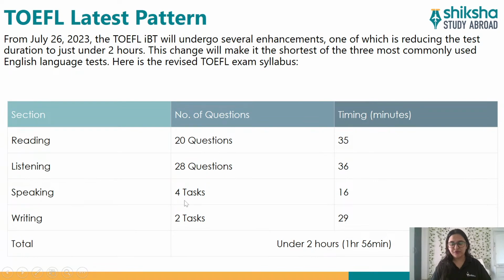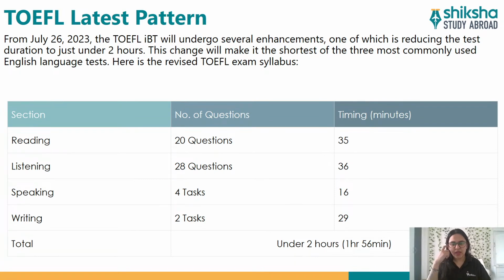Speaking is 4 tasks. You will be given 4 tasks and you will have to complete those in 16 minutes. Same goes for writing, which will have 2 tasks. There has been an introduction of one new task. Earlier, integrated and independent tasks were asked, but now only the integrated task is there, and the independent task in writing has been replaced by the academic discussion.